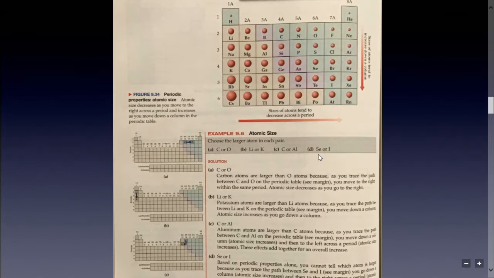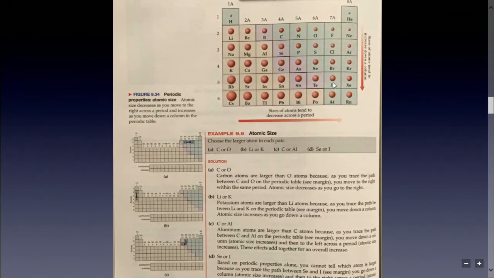And what about selenium or iodine? Here's selenium, here's iodine. Again, this is a diagonal movement. So we're going down a row, which means we're adding a new shell. So if we're going from the 4th shell to the 5th shell, we're definitely getting larger. But we're moving over to the right, so that means we're getting smaller.